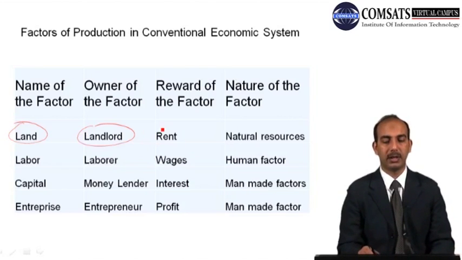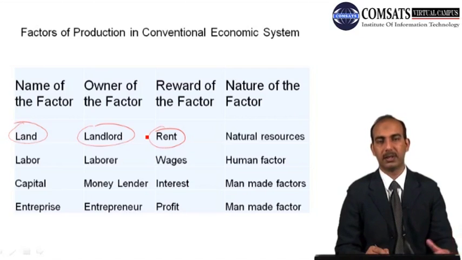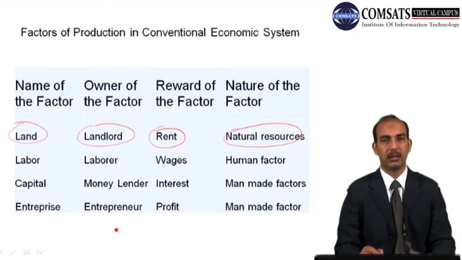The reward for land is rent. If you rent out your piece of land, the reward you earn is the rent for that piece of land. The nature of the factor is that all natural resources, as I explained earlier, come out of land, and they are known as factors of production that come out of this particular factor of production.